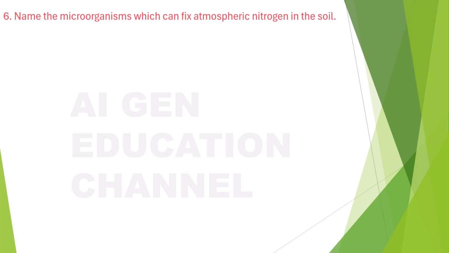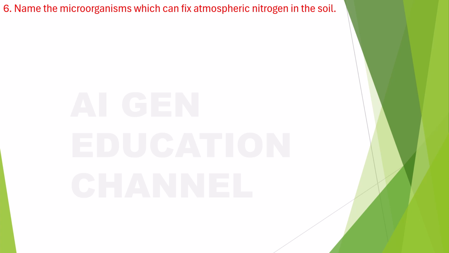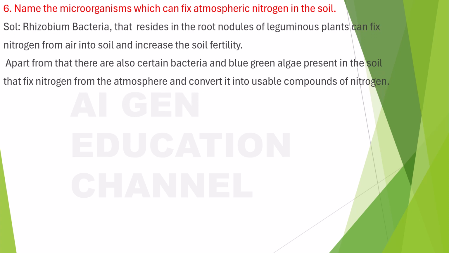Now, next question. Name the microorganisms which can fix atmospheric nitrogen in the soil. Rhizobium bacteria that resides in the root nodules of leguminous plants can fix nitrogen from air into soil and increase the soil fertility. Apart from that, there are also certain bacteria and blue-green algae present in the soil that fix nitrogen from the atmosphere and convert it into usable compounds of nitrogen.